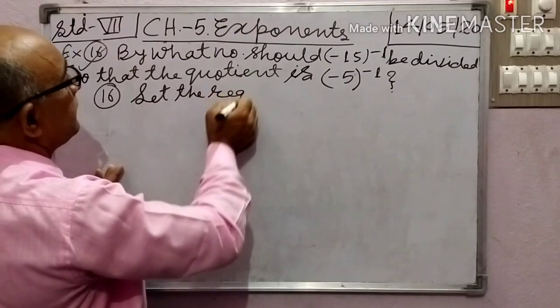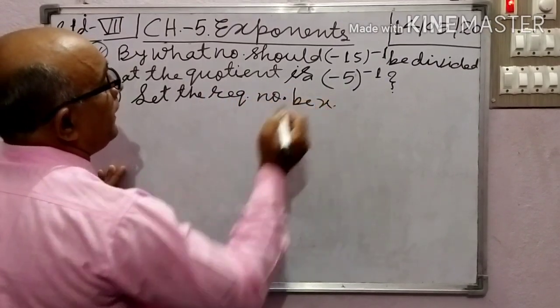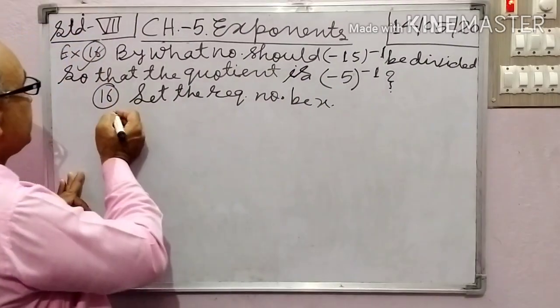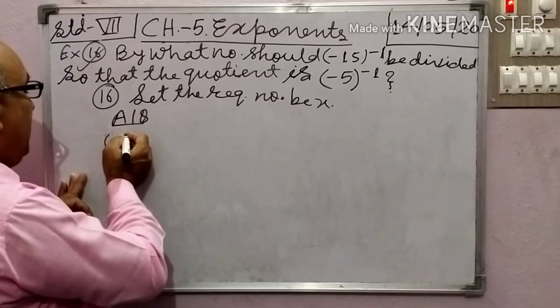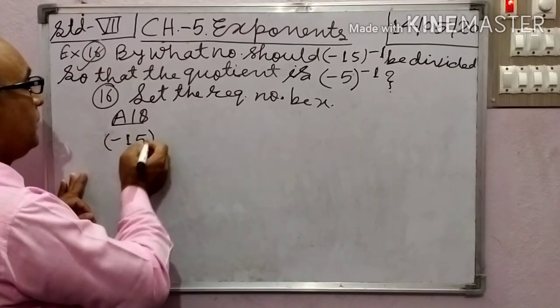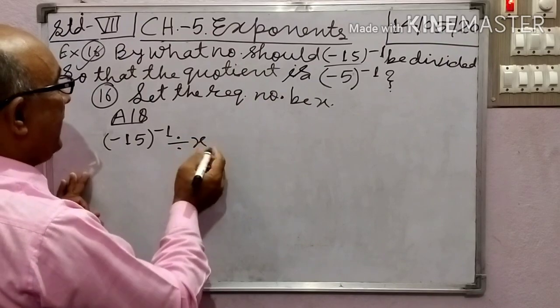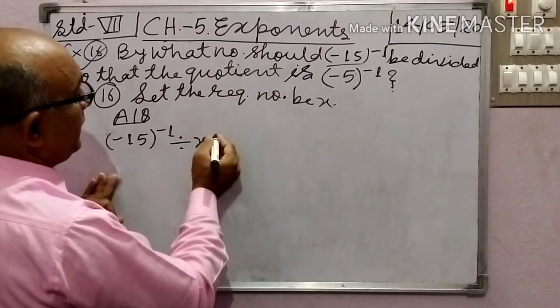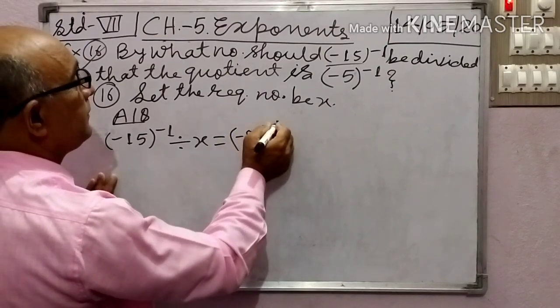Let the required number be x. According to the question, (-15)^-1 is divided by x, so that the quotient is (-5)^-1.